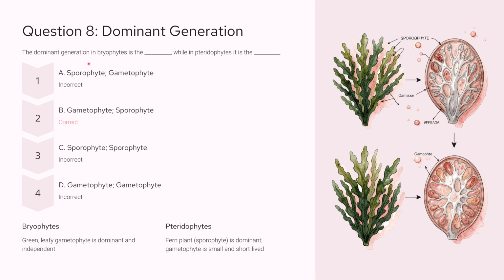The dominant generation in bryophytes is the gametophyte, while in pteridophytes it is the sporophyte. The bryophyte's green leafy gametophyte is dominant and independent. In pteridophytes, the fern plant sporophyte is dominant. The gametophyte is small and short-lived.